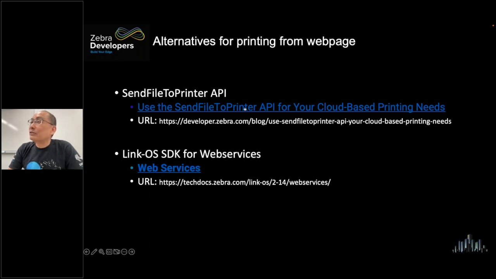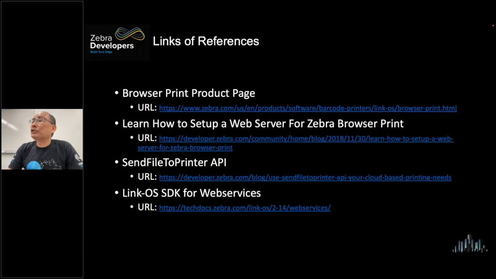The simplest, the easiest way would be to simply call this API, so you can print from anywhere to any printer that connects to the Zebra Cloud. So those are the two alternatives. And the last page shows all the reference pages associated with this webinar to help you if you are interested in printing from a browser.